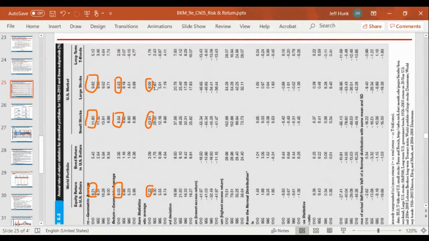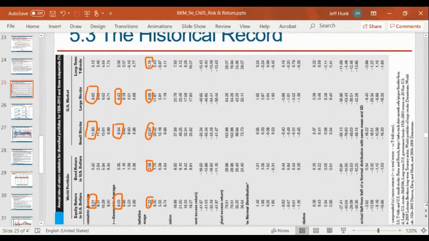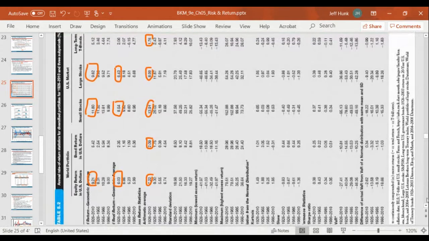The U.S. should be leading, but in terms of excess return on the bond, the U.S. wasn't the leader. Actually, the world did slightly better, 2.09 in terms of excess return, right? And of course, that's quite understandable.